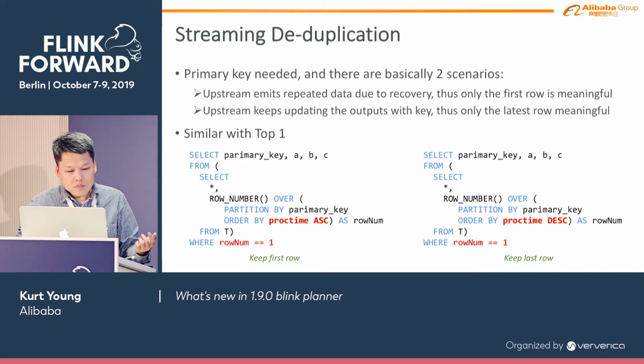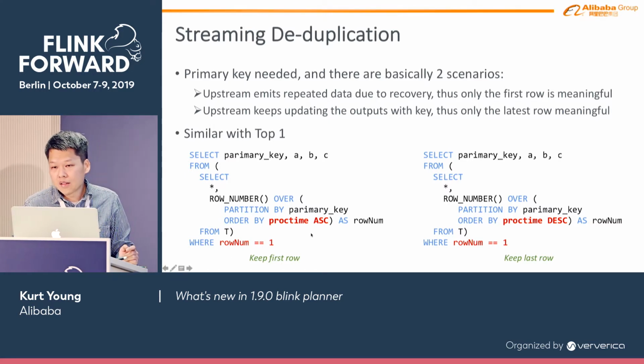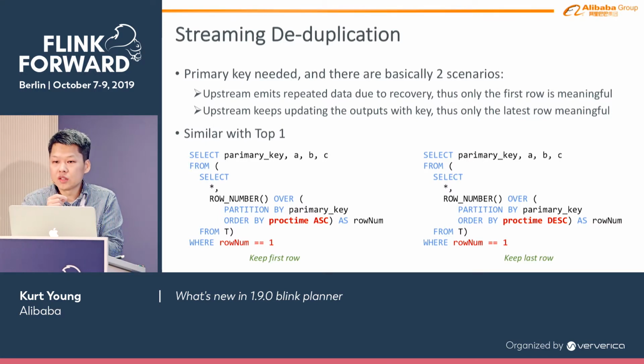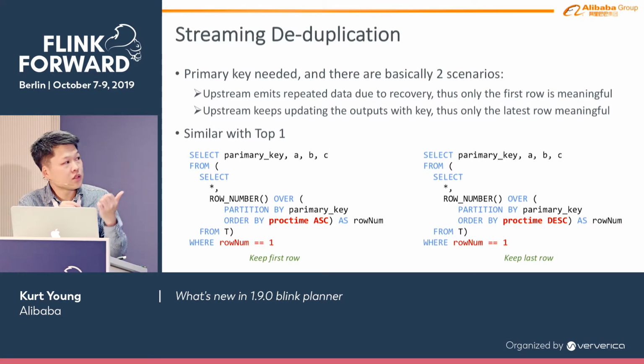The only two things you need to modify are, first, limit the number to 1, and another trick is to order by a field called proc time. The rows will be ordered by the time the framework sees them. So for such SQL, we can achieve the semantic of keeping either the first row the framework sees or the last row the framework sees.